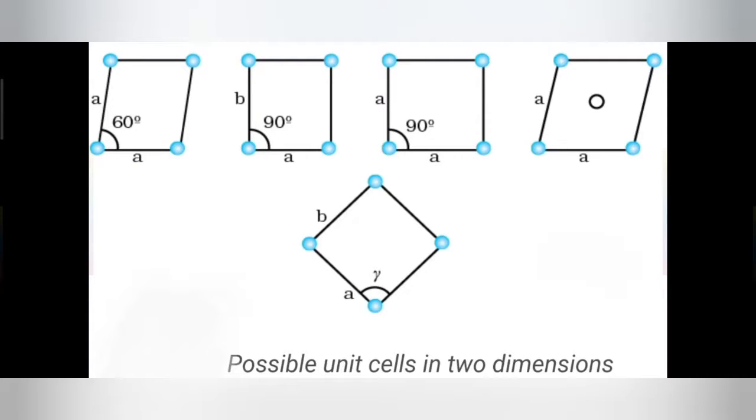In the second case, the angles are the same, all 90-degree angles, but we have different lengths of edges a and b. The third one has all of them the same. The fourth one has the same edges with different angles, and the fifth one has different edges with different angles. So in two dimensions we have five different possibilities of unit cells.